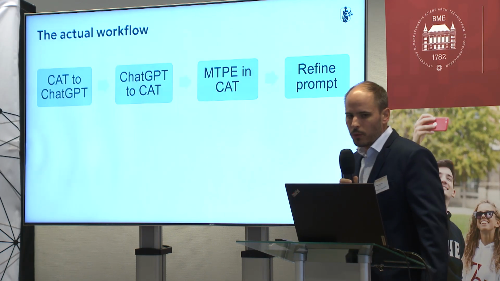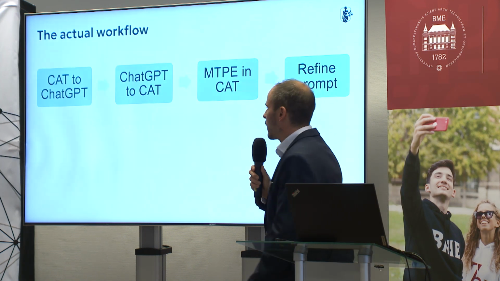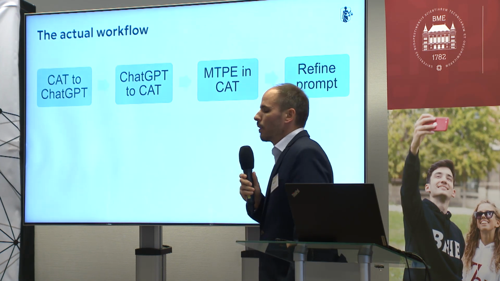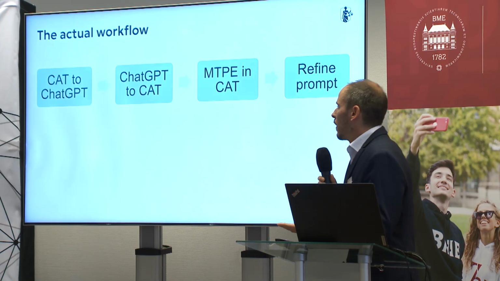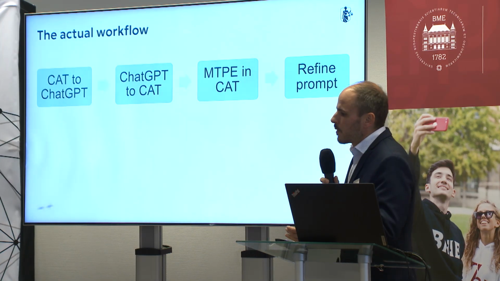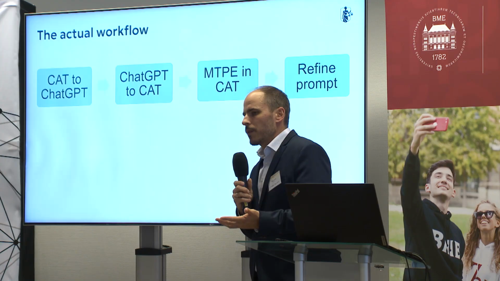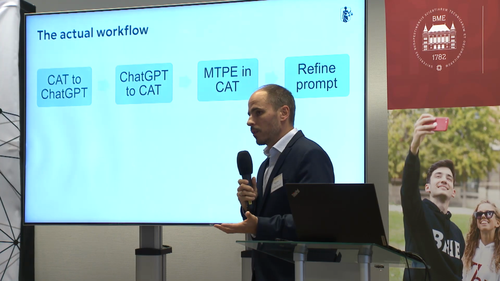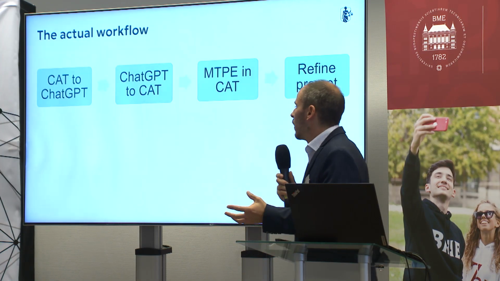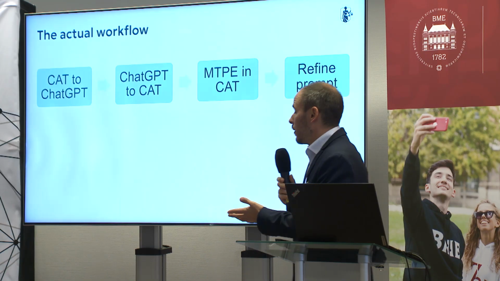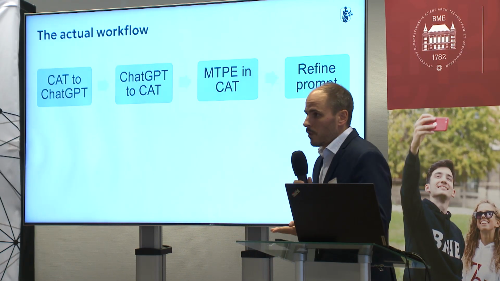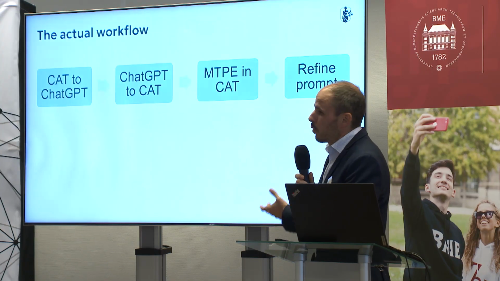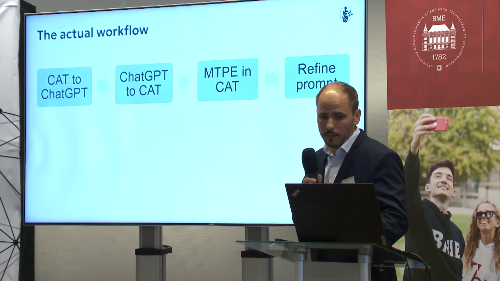So the actual workflow looks something like this. You create the CAT project and open it in editor view. Then select the first few segments, like 2 paragraphs, for example, that you can handle in one go when doing the post-edit. Copy it to the chat box of ChatGPT. Let ChatGPT do its thing, and then copy it back to the target segment.